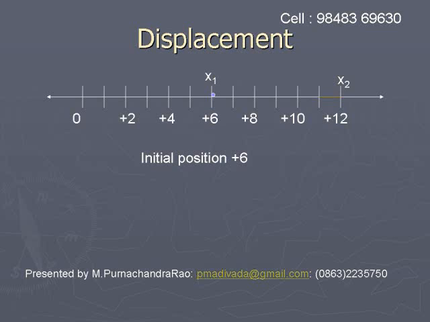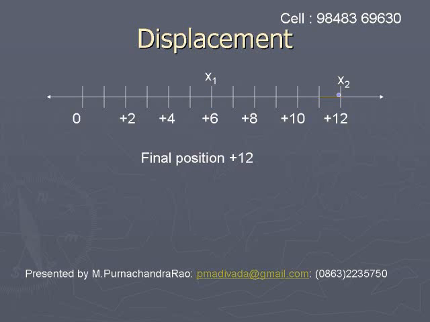The number line can be used to represent the position of a body. Suppose the body is at x1, that is at +6, and it moves to +12, that is x2. The initial position of the body is x1 and the final position is x2.